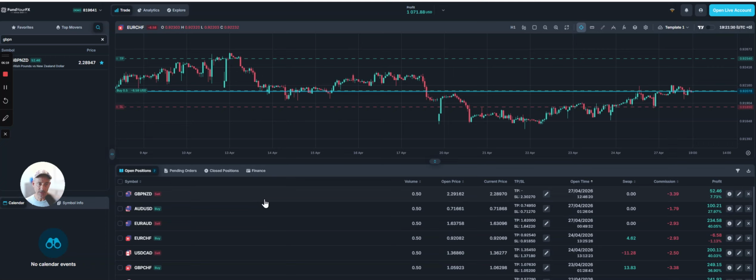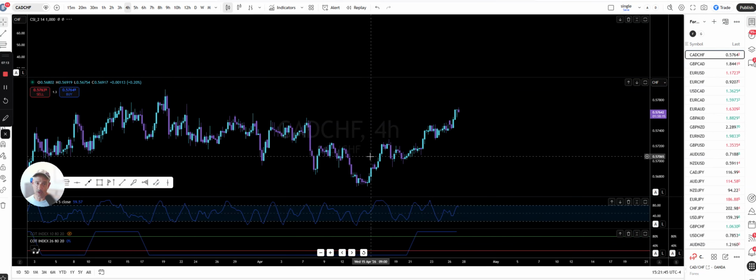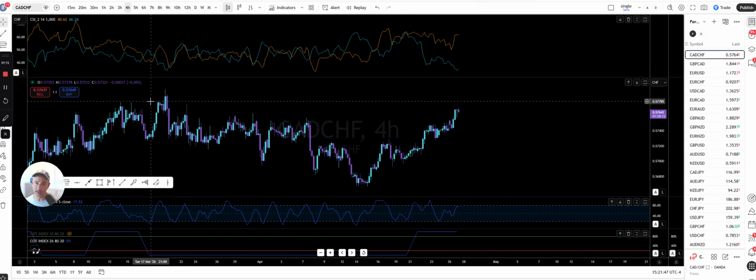All right, so those are the trades, and then we'll go back to TradingView here and just take a look. Canadian Swiss. Okay, I'm long on CAD Swiss. I did have a take profit sitting up here at the upper end of this range.